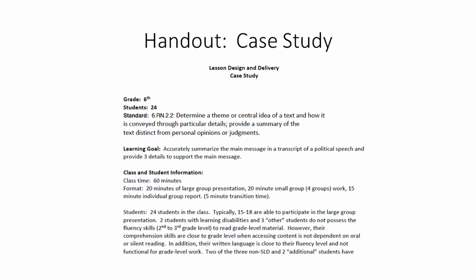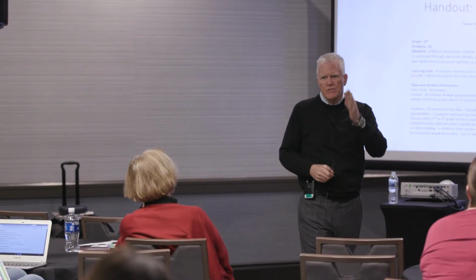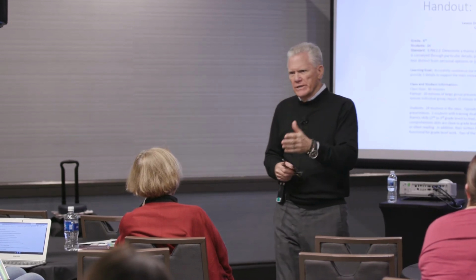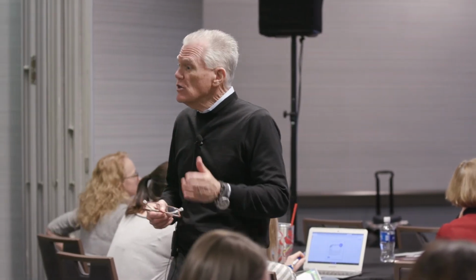In addition, their written language is close to their fluency level and not functional for grade level. Remember, once you establish the fluency level of a kid, if they comprehend at their fluency level, they probably don't have comprehension problems as a major issue. They also should be able to write at their fluency level, do spelling and those kinds of things.